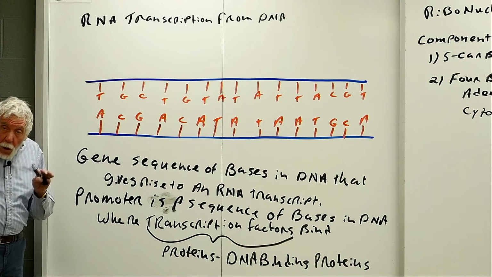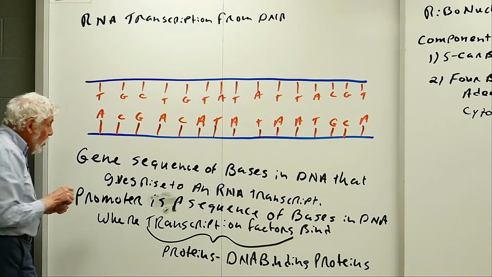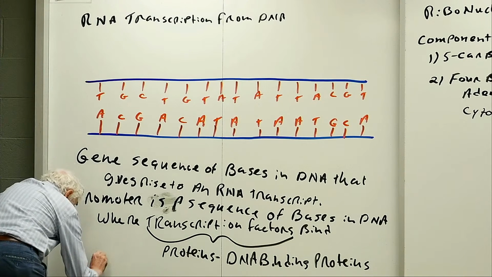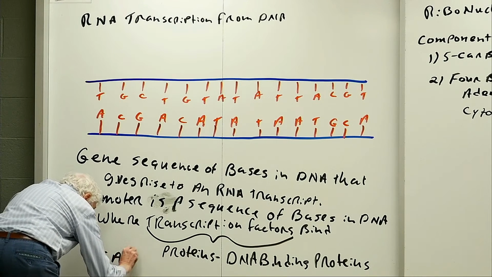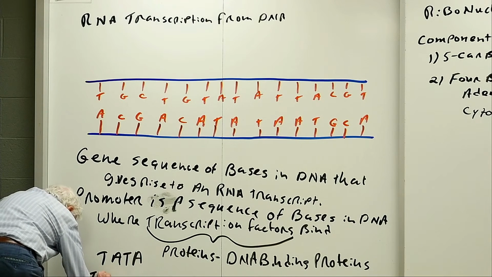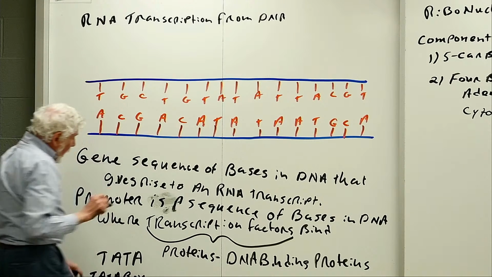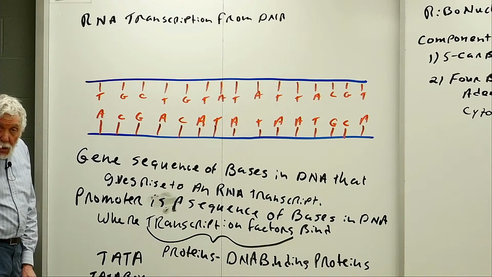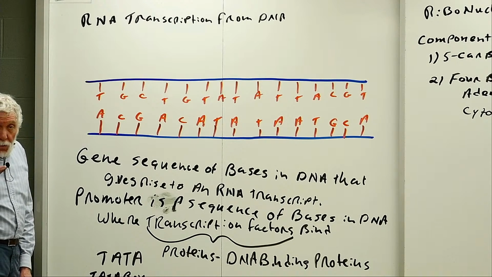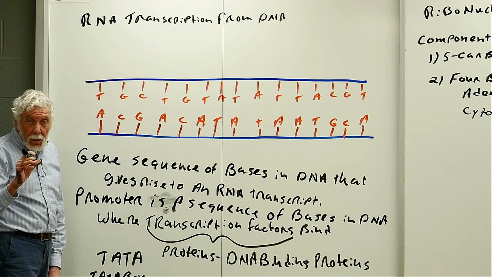Now, there are a number of different promoters, but the most common of the promoters is a 4-base set, thymine, adenine, thymine, adenine. This is frequently referred to as the TATA box. And the TATA box is a consensus sequence of bases in the DNA molecule which provides a site to which transcription factors can bind.